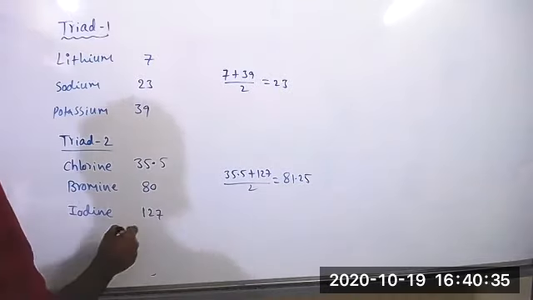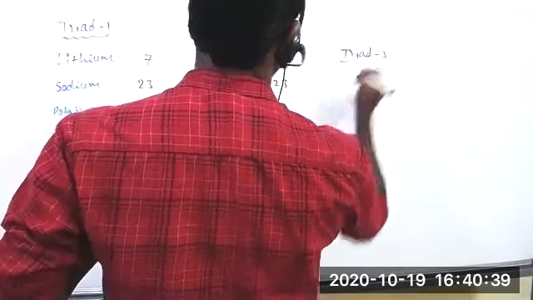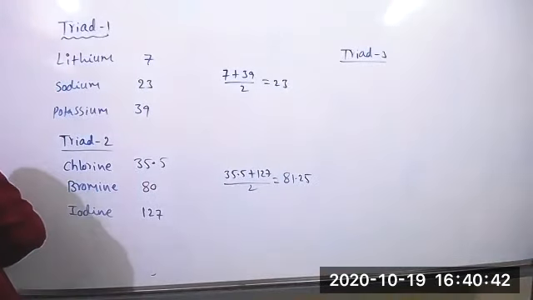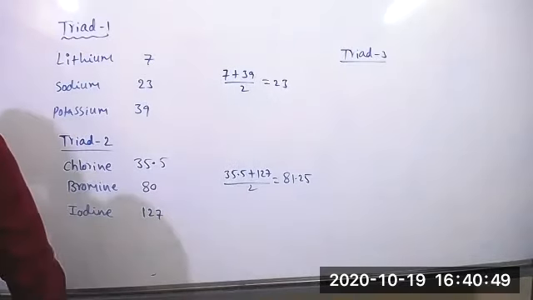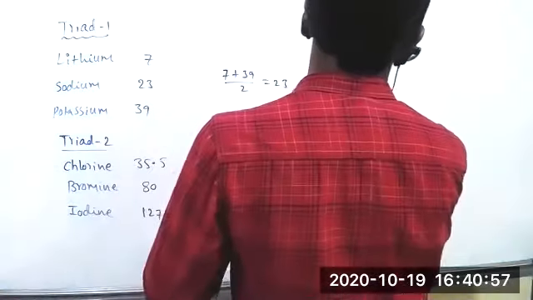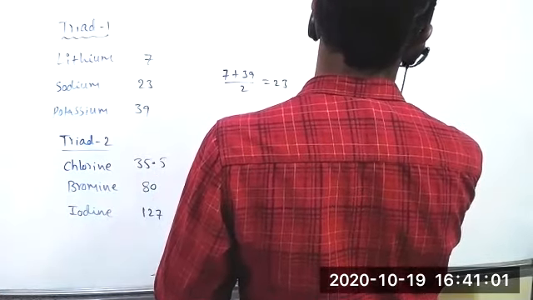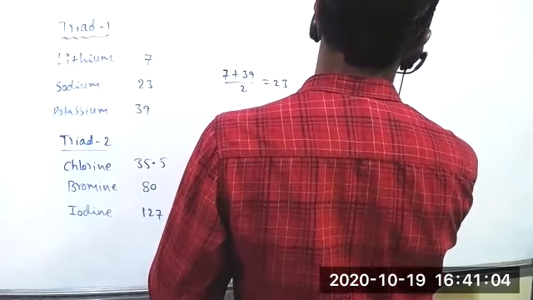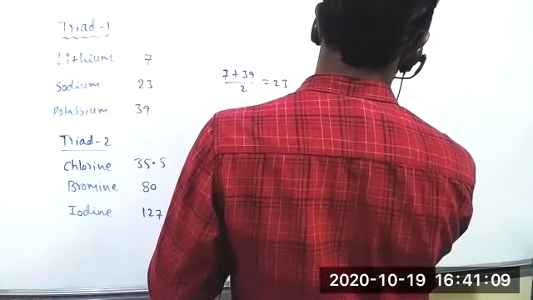Next is triad 3. Like this, there are just 4 groups only: triad 1, triad 2, triad 3, triad 4. These 4 are enough for the Dobereiner triads. So next is calcium, strontium, barium.